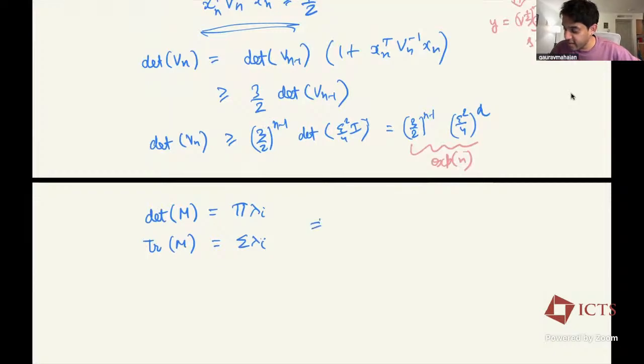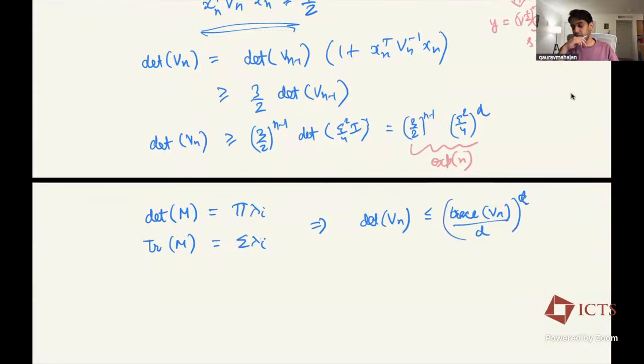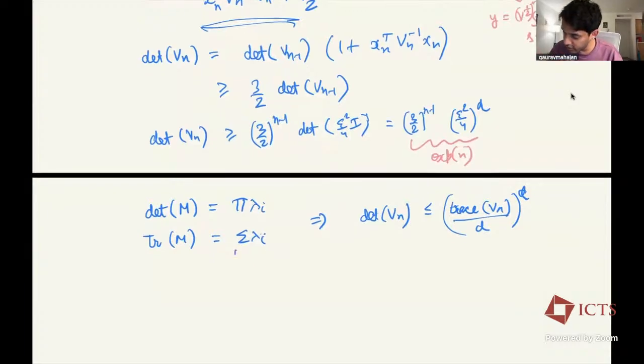Okay, so this means that the determinant of Vn, which is a PSD matrix, is going to be less than the trace of Vn, to the power d, by the AM-GM property.